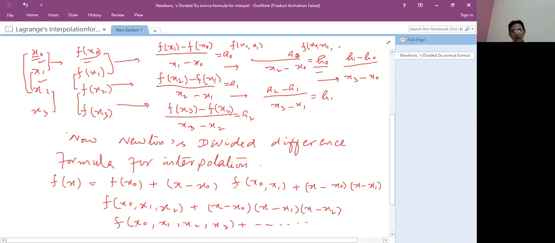And a plus sign, x minus x naught, x minus x1, x minus x2 for the third difference, f of x naught, x1, x2 and x3. We call this value c naught, student, which is f of x naught, x1, x2, x3.